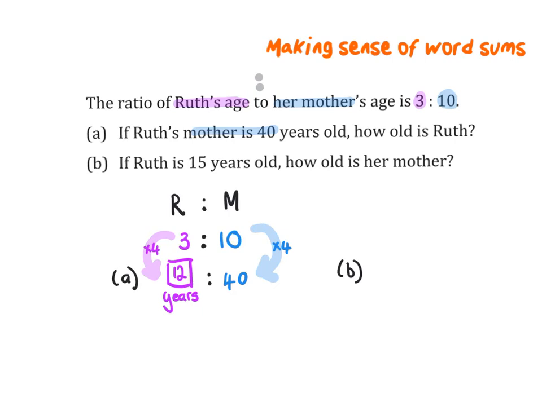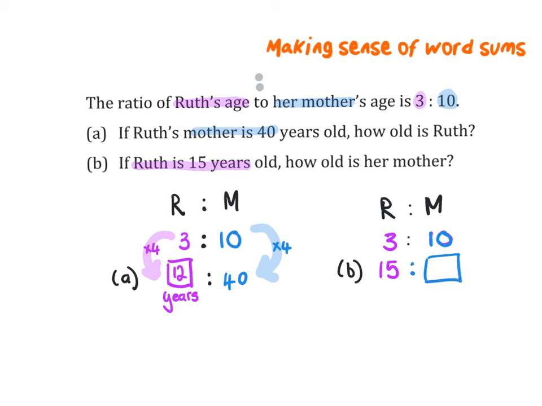Remember that we work with the same ratio of Ruth's age to her mom's age, which is 3 to 10. And in the second example, Ruth's age is given as 15 years. So Ruth's age of 15 years goes under the 3, and we are looking for her mother's age.